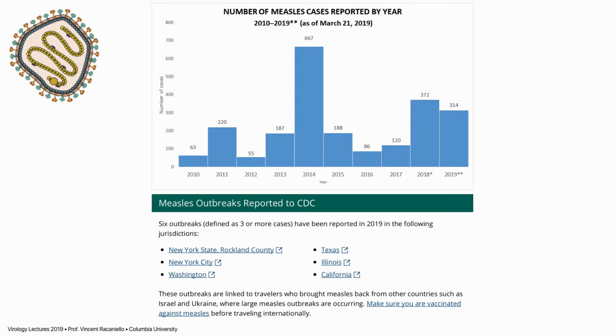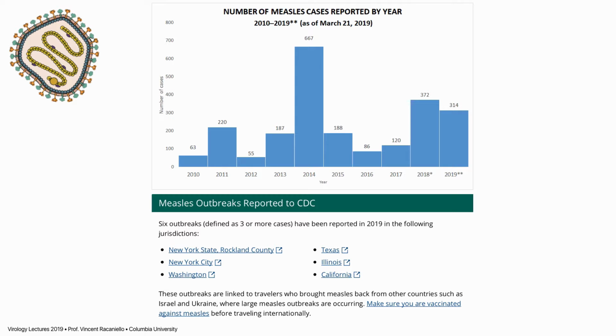And now in 2019, we have 314 so far, and these on the bottom are 6 outbreaks currently ongoing in the US in different states. These are linked to travelers who brought the measles virus back from other countries where large outbreaks are occurring. And when you go to the airport, you'll see signs which say, have you had your measles vaccine, because there are outbreaks in Europe.